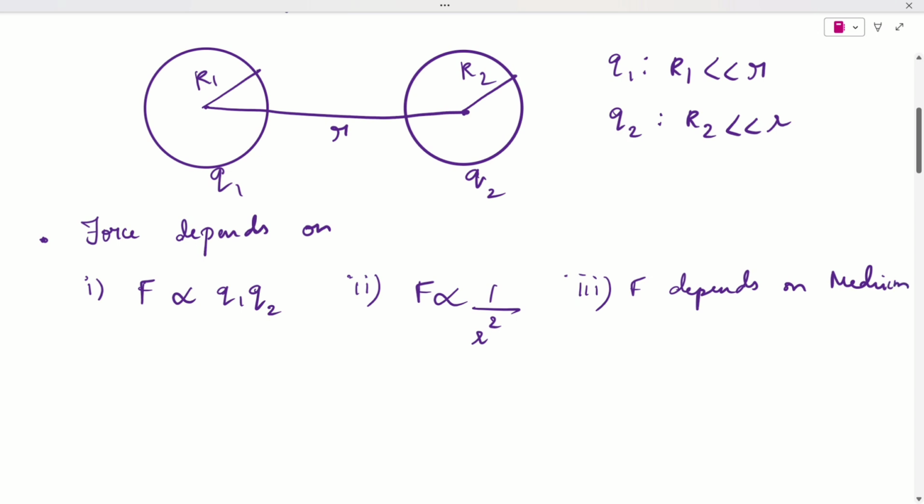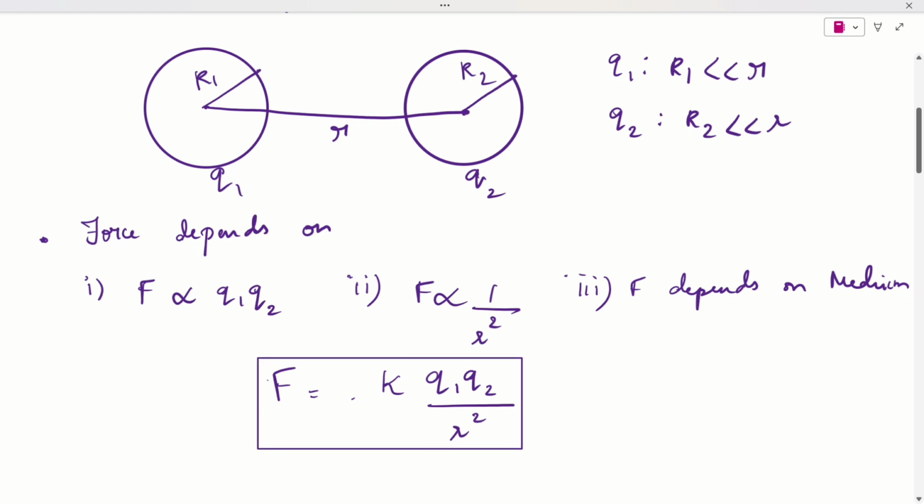The first one is understandable because the force will be more if the charges are more. The more the charges, the more repulsive or attractive the force will be. Similarly, the second one is also understandable because if you have a larger distance between the two charges, then the impact one charge has on the other gets reduced.